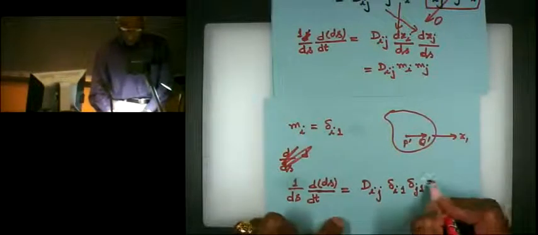It is still the sum of 9 terms, but out of those 9 terms, how many are zeros? Yes, 8. So it's really equal to D11. Out of these 9, 8 are zeros. So now what is the physical interpretation of D11?